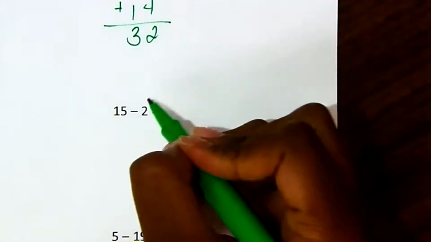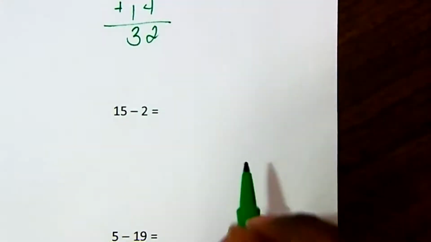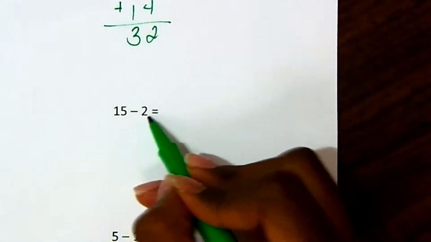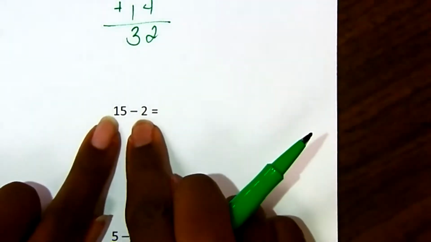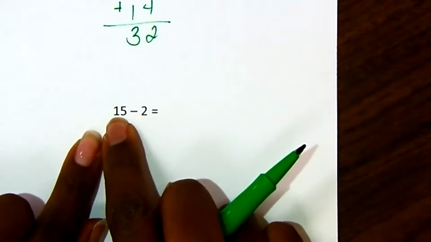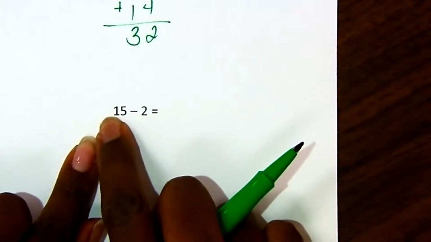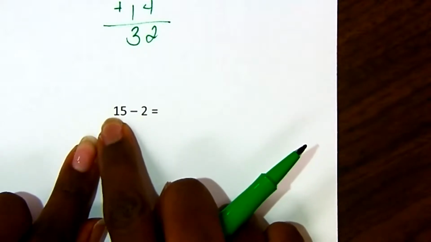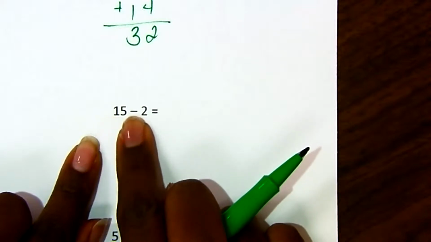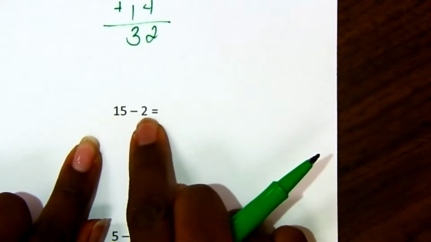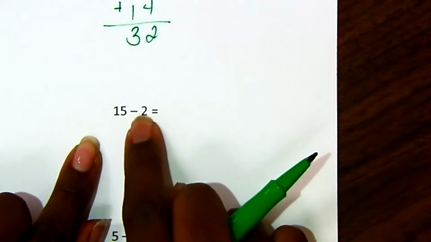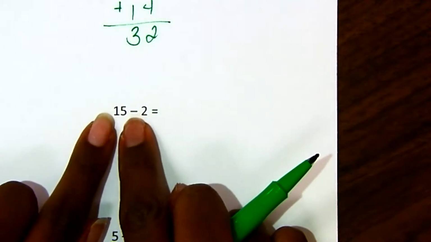I have 15 minus 2, or 15 negative 2. Do they have the same sign? Now my 15 doesn't have a sign, but because there's no sign here, I know that this is a positive number. This is my subtraction symbol, but it's in front of the 2, so that also is telling me that it's a negative. So they have different signs.